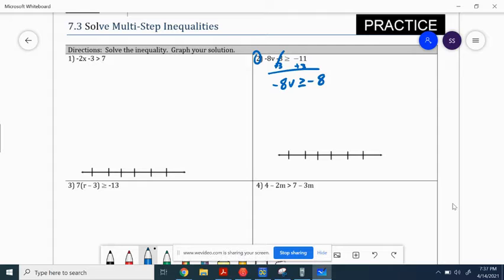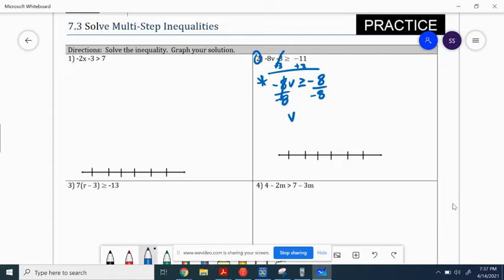And now I want to get the coefficient in front of v, or the number in front of the variable, equal to positive 1. So we do so by dividing by the same coefficient. If I do it to one side, got to do it to the other. So I'm left with 1v is, now here's the tricky part.